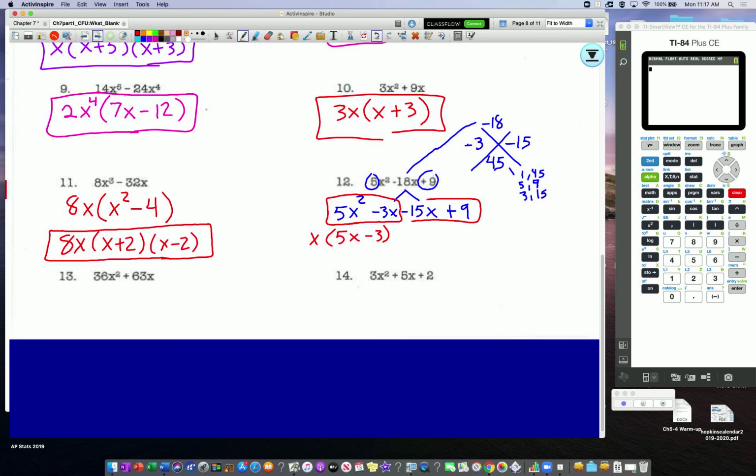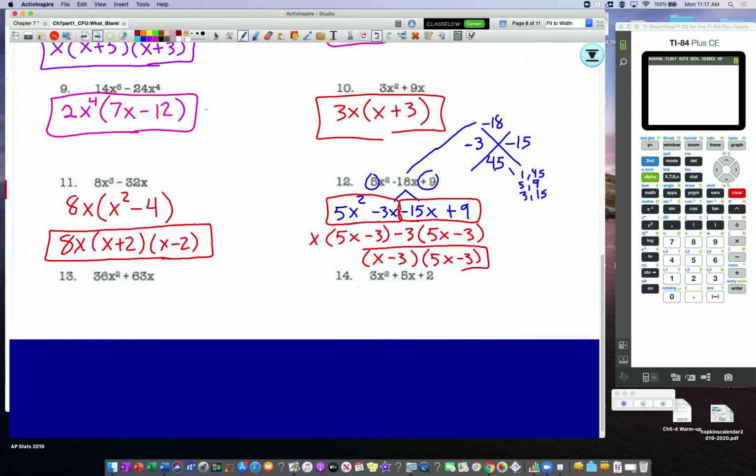When I factor this one, they share the negative, and I can factor out a negative 3. I'm left with 5x minus 3. Notice how they're the same. Now I can put these two terms together: x minus 3 sets of 5x minus 3.